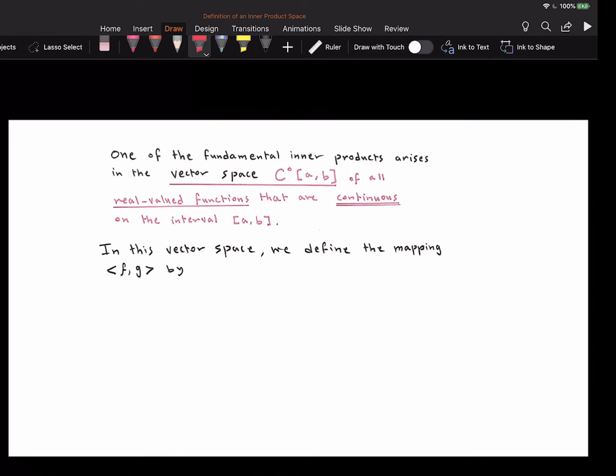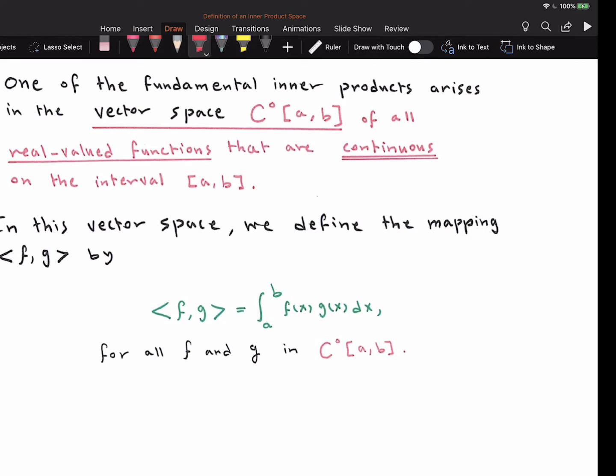In this vector space, we define the mapping between two functions f and g by the following: the integration from a to b of the product of the functions f and g with respect to x, for all functions f and g in C^0[a, b].